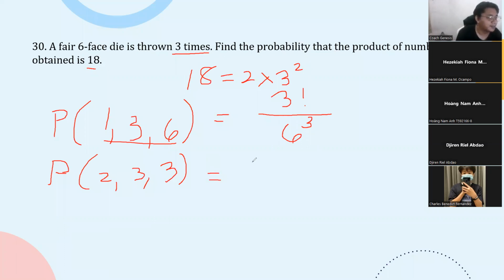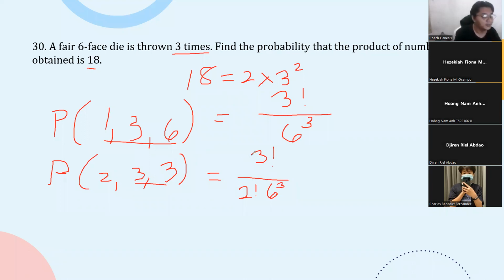So for the other, you have 3 factorial over 2 factorial multiplied by 6 cubed. Now why do we have again 2 factorial? Because we have two values here that are identical, which means that you must divide the number of arrangements by the factorial of the number of identical values.